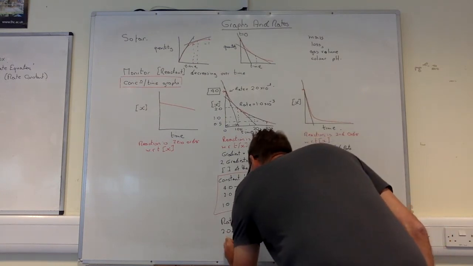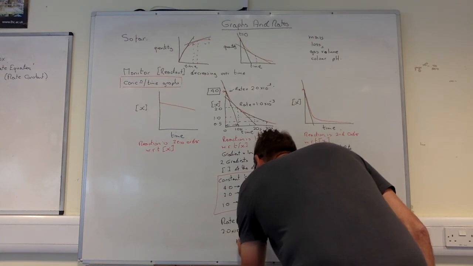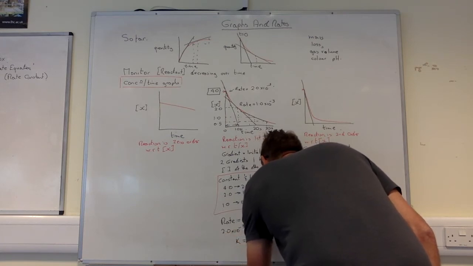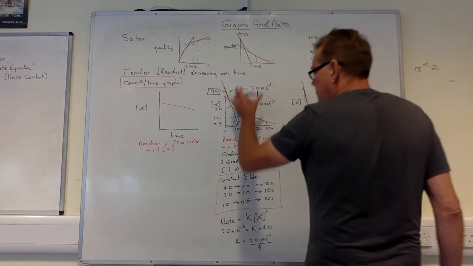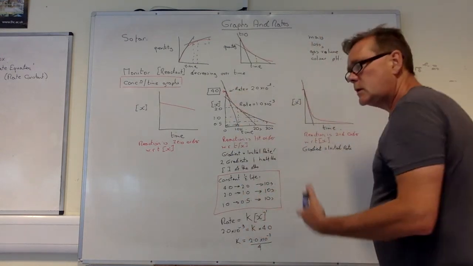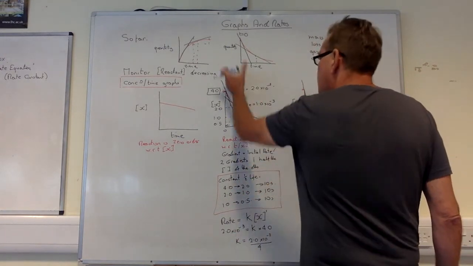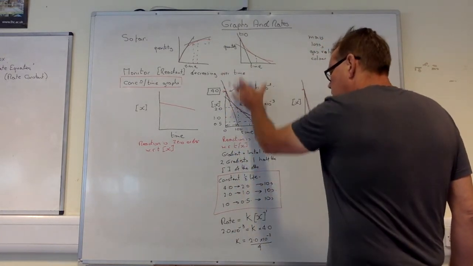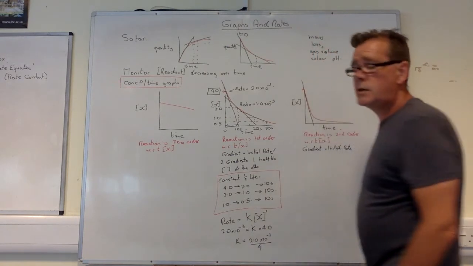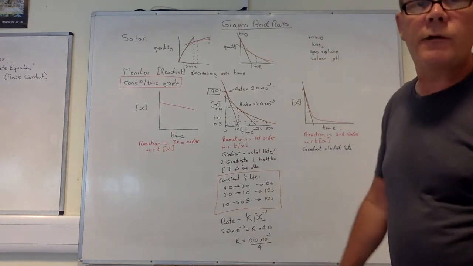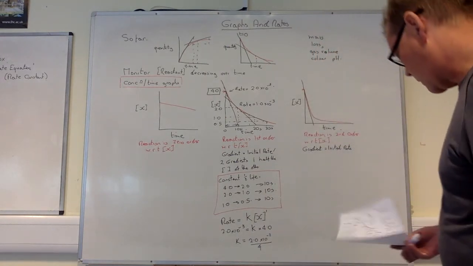So k is equal to 2.0 times 10 to the minus 3 divided by 4. Again, it's all about doing the questions and practicing this. Given a first order reaction like that, or a graph of that shape, there's loads you can work out just from the shape of that graph.